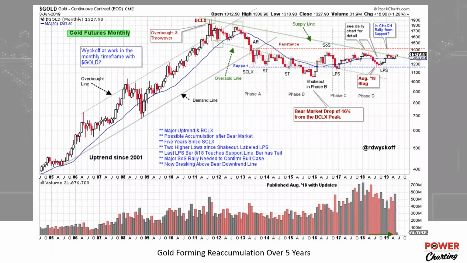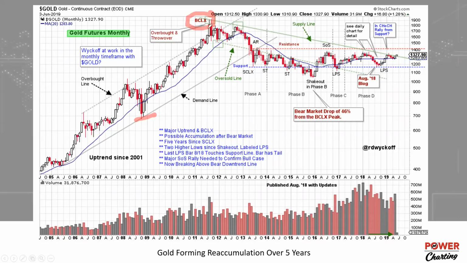Okay, here is a very long-term chart of gold. And from this, and you've seen this chart before, I'm sure, because we've talked about it repeatedly, you can see that there's a very important upward stride here in the gold market that has carried all the way up into a buying climax in 2011.